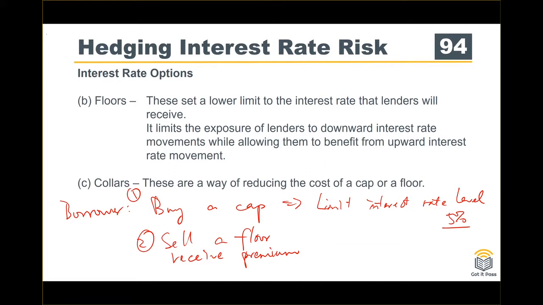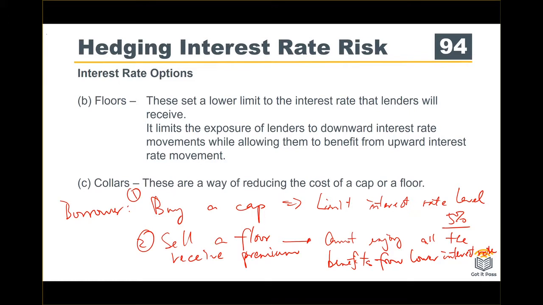But if you sell a floor to receive the premium, it means you cannot enjoy all the benefits from lower interest rate. You cannot enjoy the full benefit of lower interest rate. So it's the disadvantage of collars.